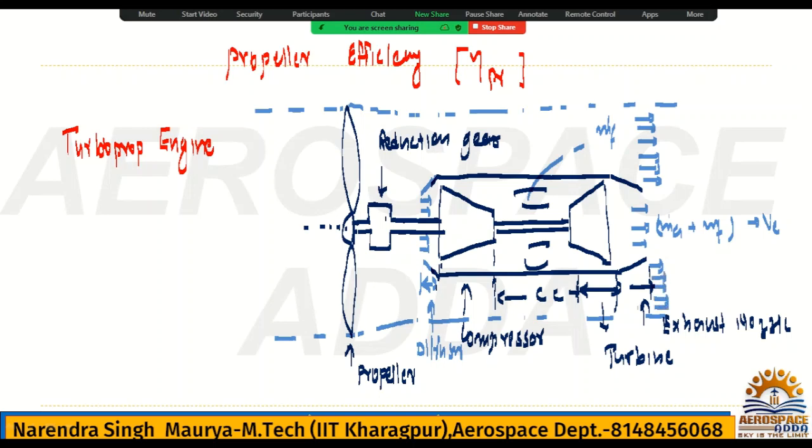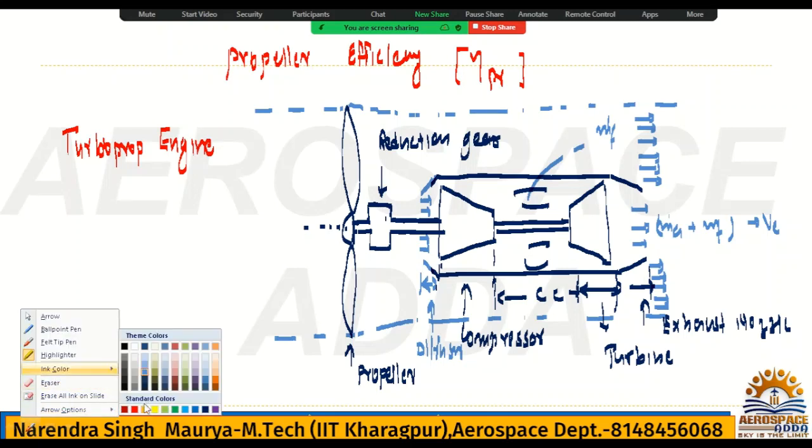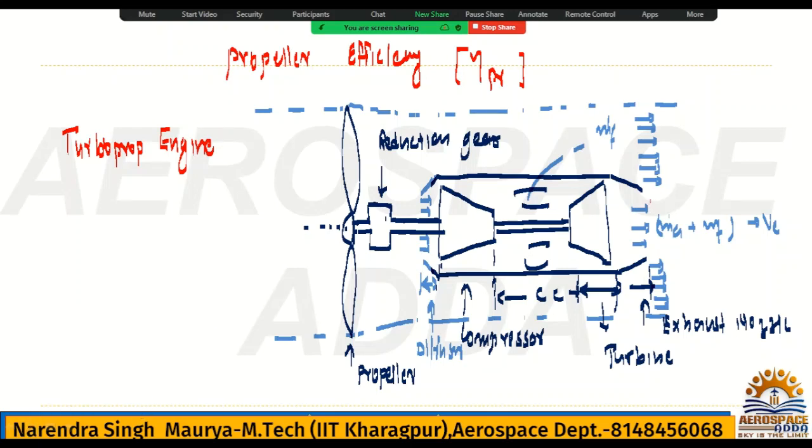Okay, this is the amount of the thrust. I can say this is the amount of thrust because of the hot air, meaning the jet, and this is the amount of thrust produced by the air. You can relate in this way.